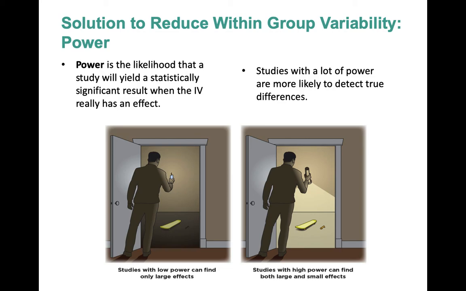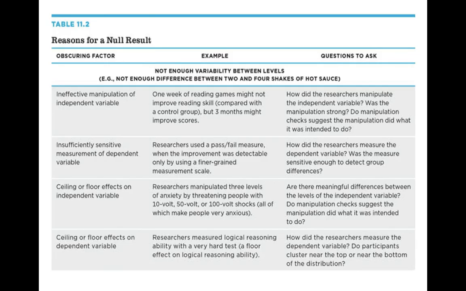And again, we do that by increasing sample size, having a strong manipulation, reducing individual differences, for example, by using a within groups or within subjects design. Using different statistical tests. I won't get into that or elaborate, but some statistical tests are more powerful than others. Using a sensitive dependent variable. So all of the solutions that I've talked about really refer to the idea of statistical power.